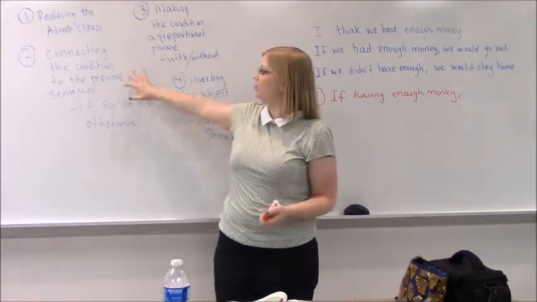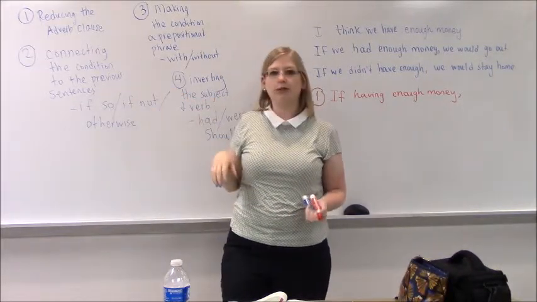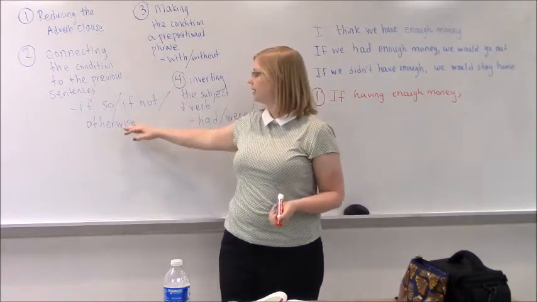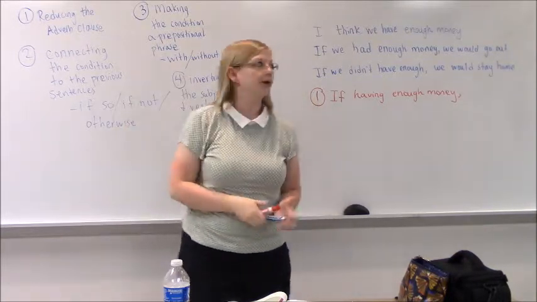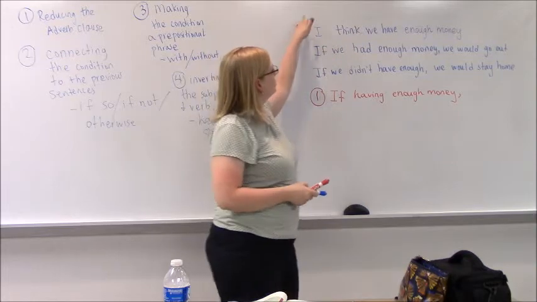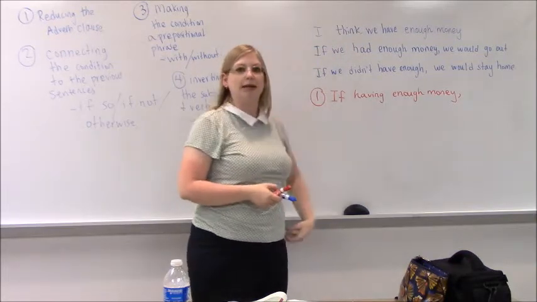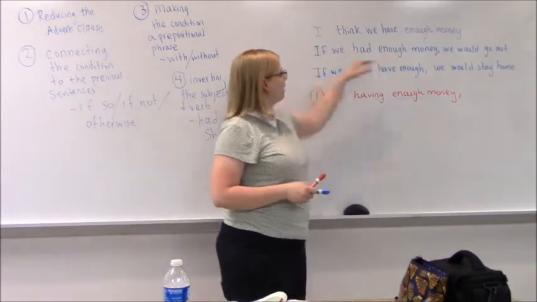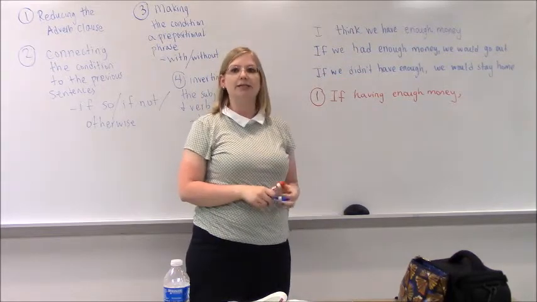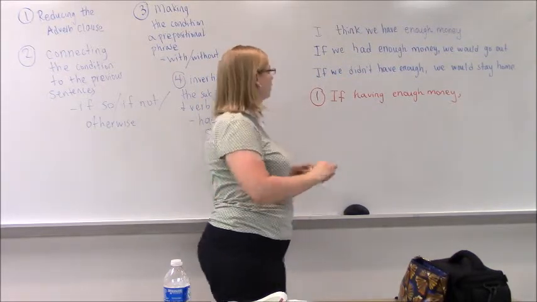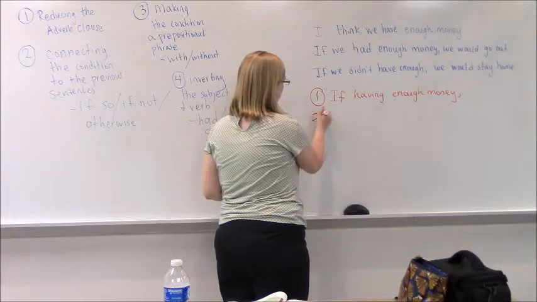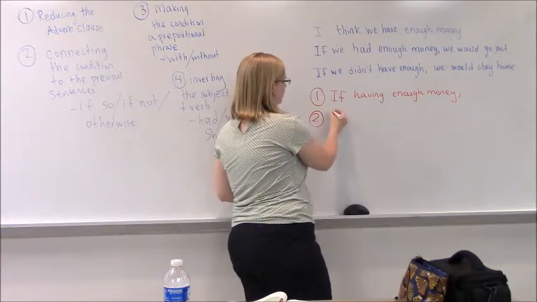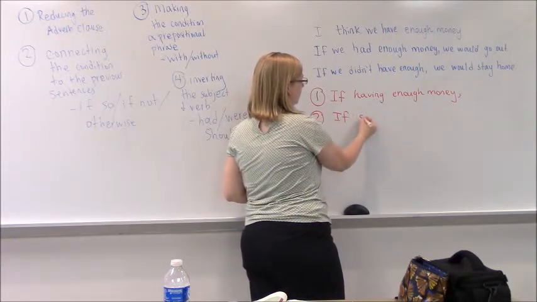Now, the second way is by connecting to the previous sentence by using if so, if not, and otherwise. So if you look at the previous sentence, it says, I think we have enough money. So already, if we had enough and if we didn't have enough is clear. So we can reduce in the second way by saying, if so, this is for the positive form.